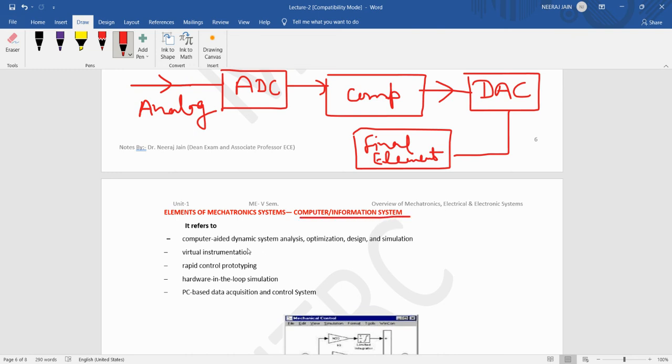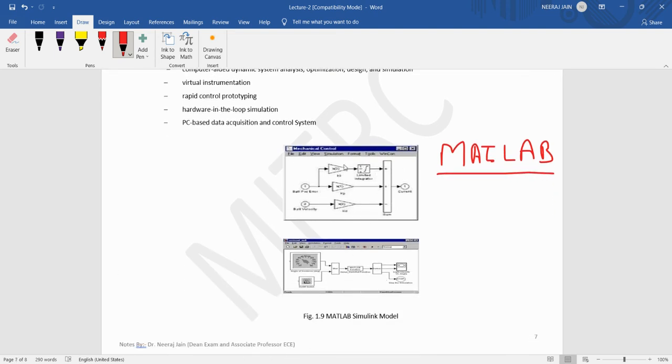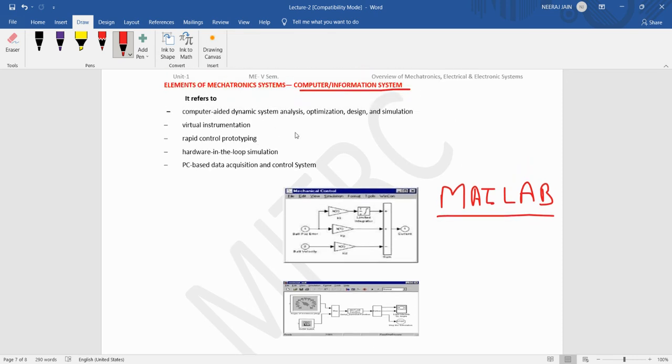Now the computer information system, that is, several types of software, like MATLAB software, which is widely used for scientific purposes. In MATLAB we can simulate the circuit with a Simulink model before designing any circuit in the final form.